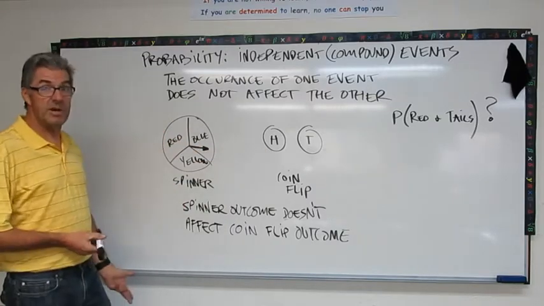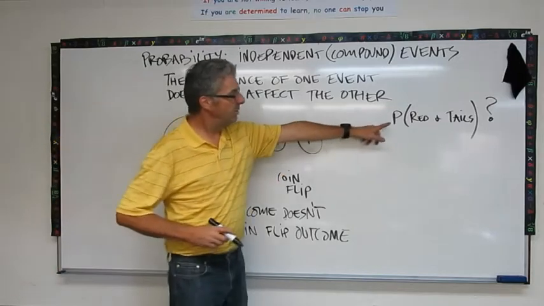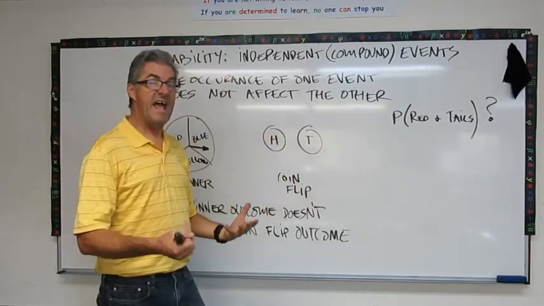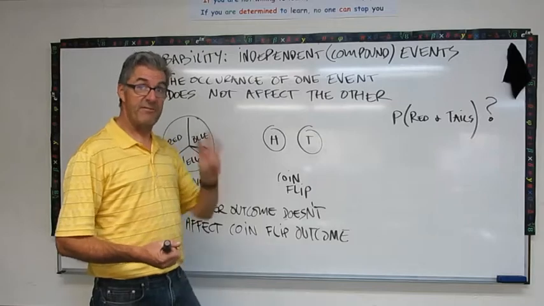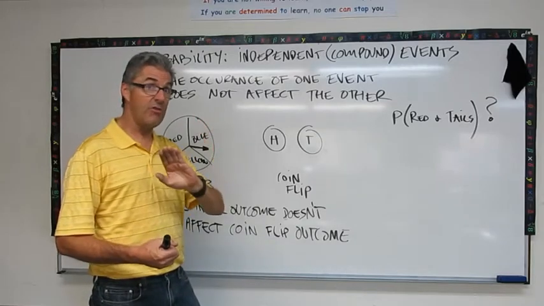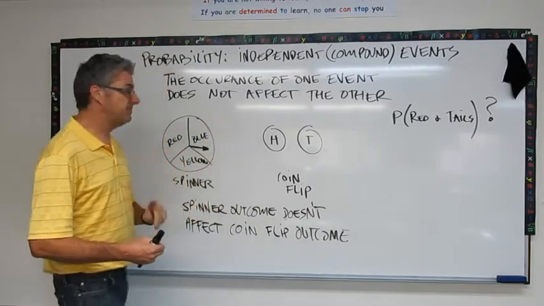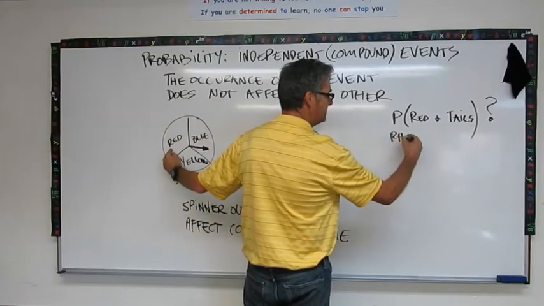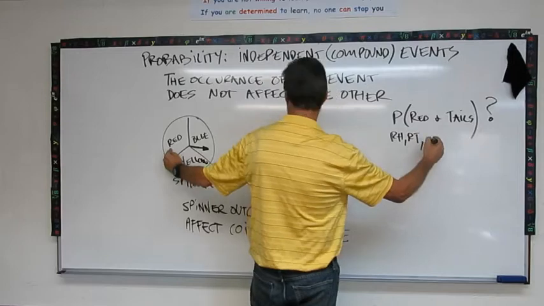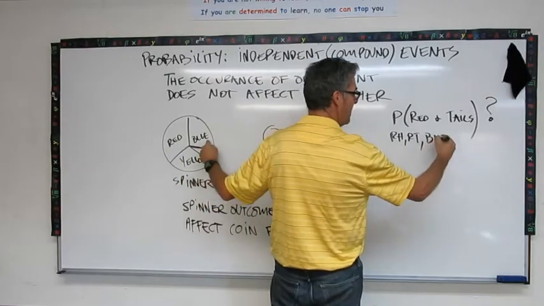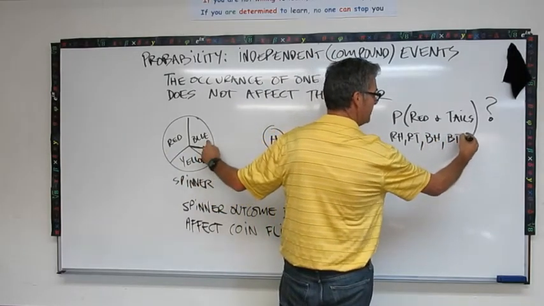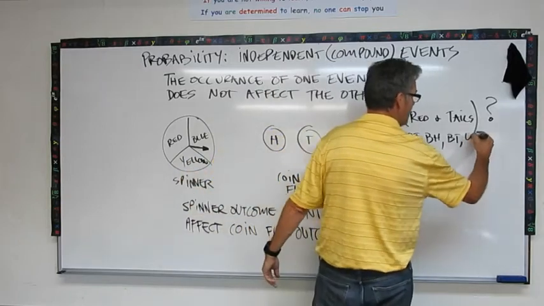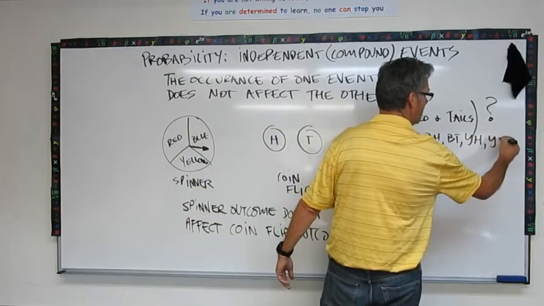So let's take a look at a probability question. What's the probability of getting red and tails? We have three ways to analyze this, and I'm going to go over all three. Our first one is making a list. So we have red heads, red tails, then blue heads, blue tails, then yellow heads and yellow tails.